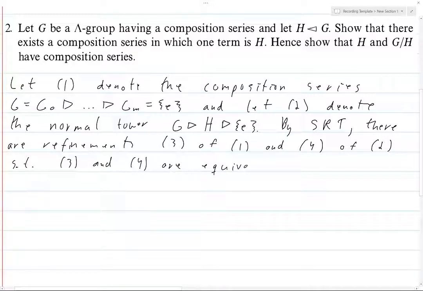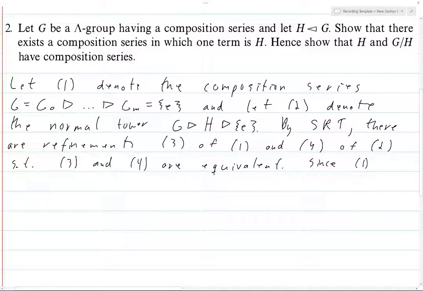I don't like having to include all these others, like look, we already have 4 different normal towers, and we're actually going to end up with a 5th one. But this is what you have to do, and this is why I denoted the original composition series by 1. Normally you could just use symbols like a star, and then star star, and then star star star, and I really don't like that. I don't like this either, but we gotta do something, and this is the least painful.